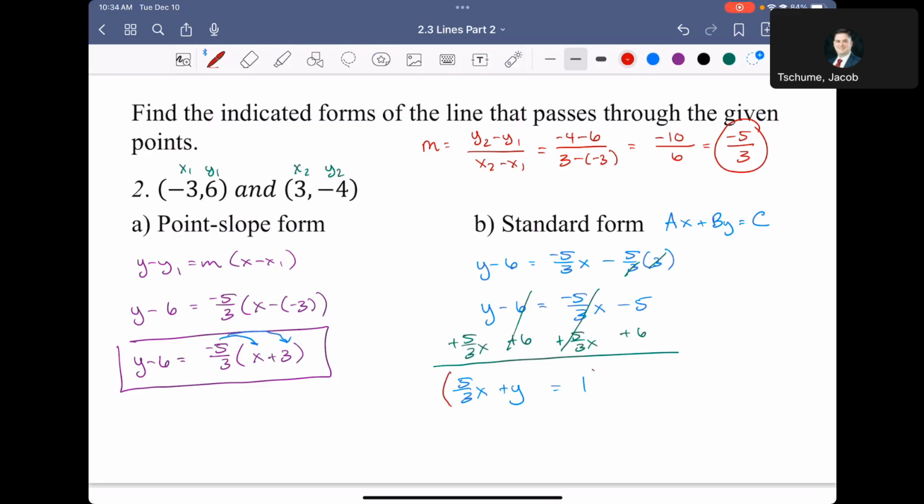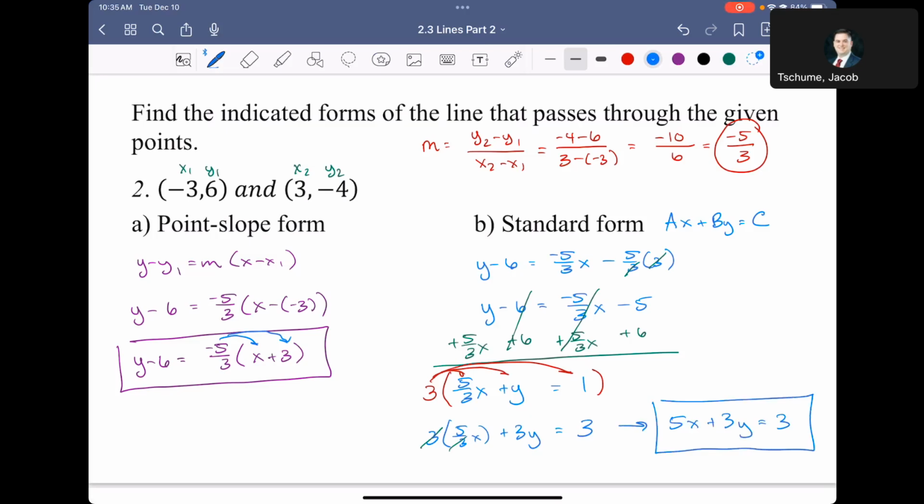Since your only denominator here is 3, I'm going to multiply everything in my standard form by 3 to ensure that the fraction goes away. So that would come out to be 3 times 5/3 x plus 3 times y equals 3. And what you will notice happens is your 3 divided by 3 cancels, and you end up with 5x plus 3y equals 3. And that is the standard form of your line.